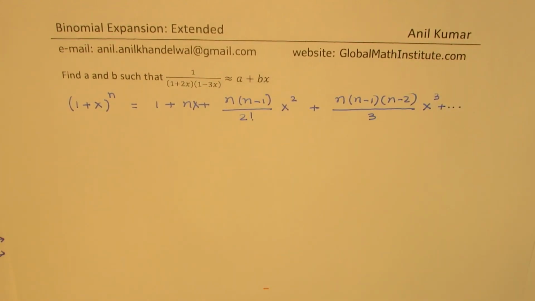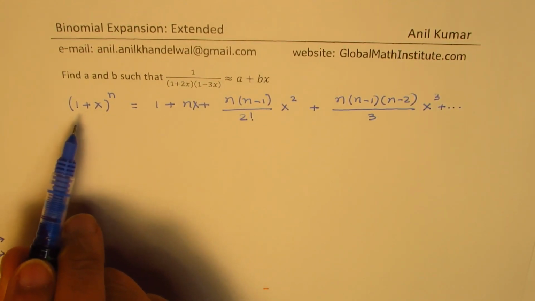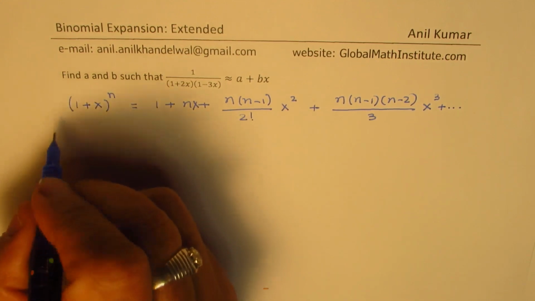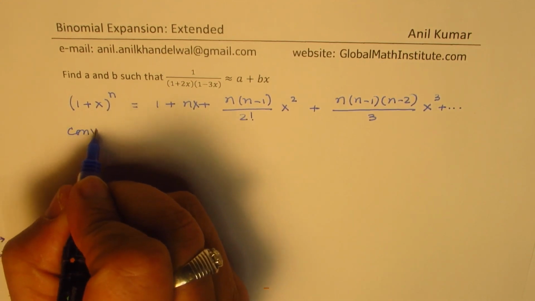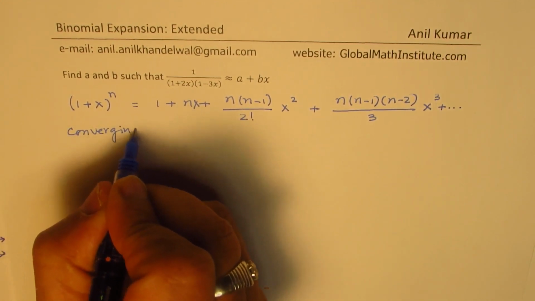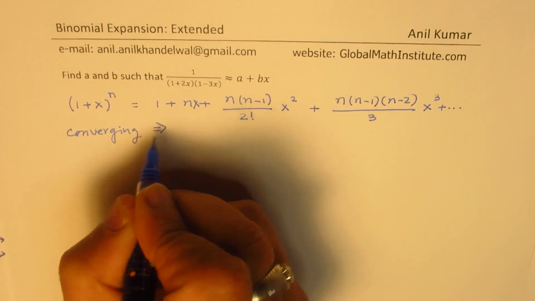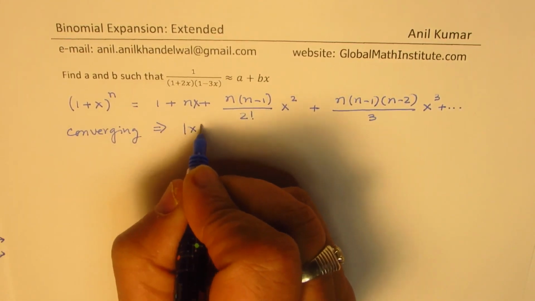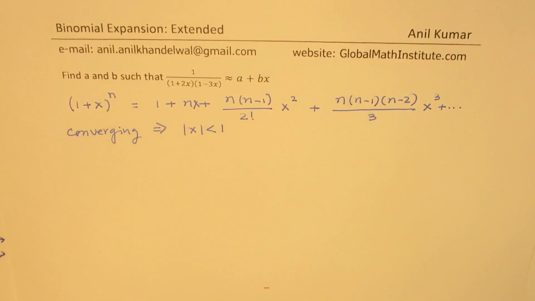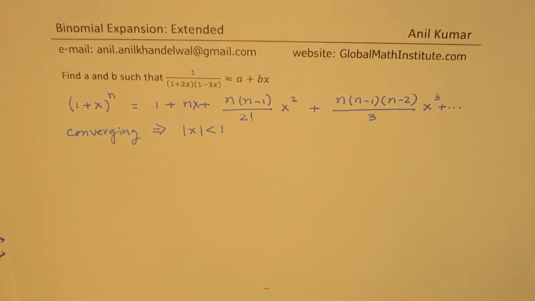Now in this expansion, there are a couple of important things to understand: this series should be converging, and that implies that the absolute value of x should be less than 1, right? Only then we can use this particular series.